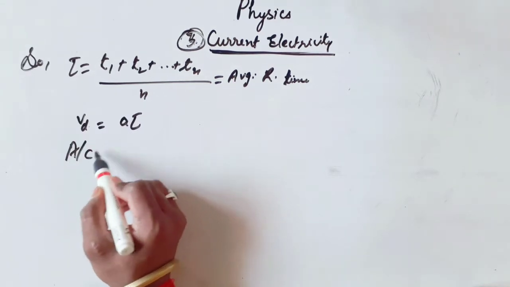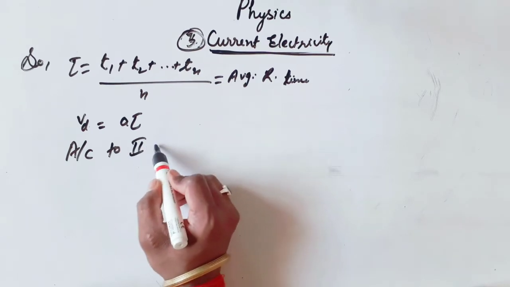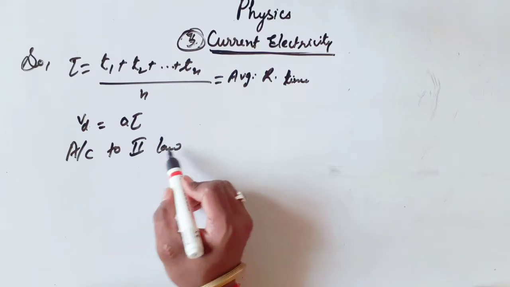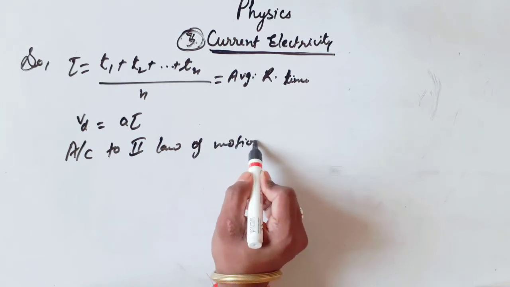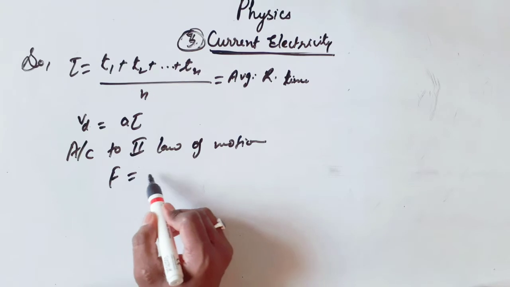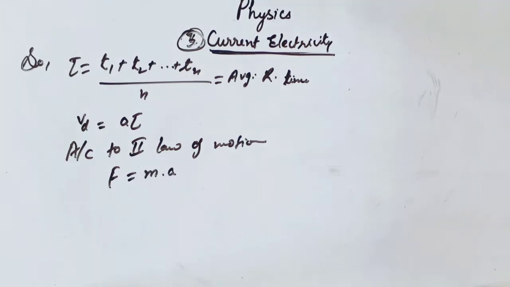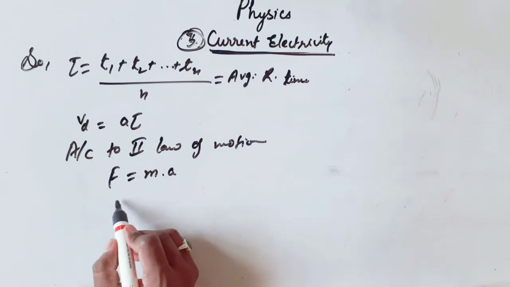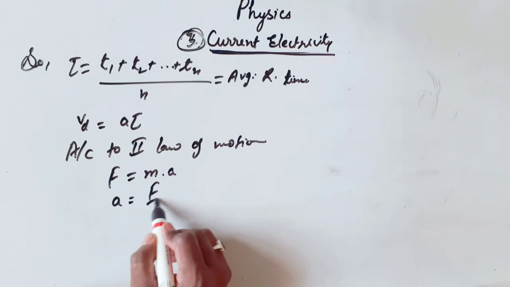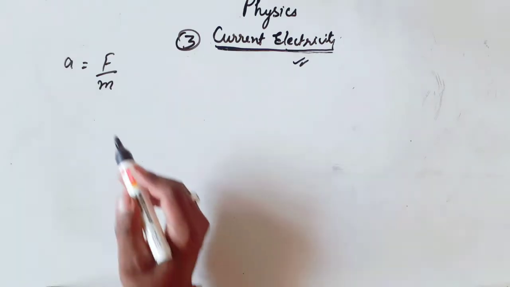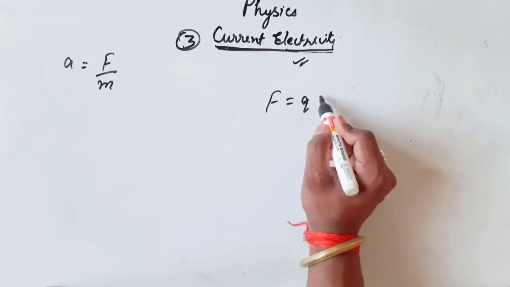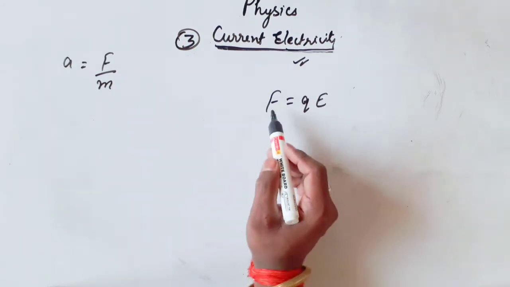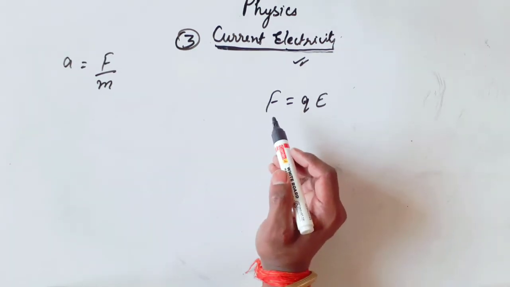According to Newton's second law of motion, F is equal to m into a, and a can be written as F upon m, and the value of force is equal to Q into E, which I have already discussed in my previous video.